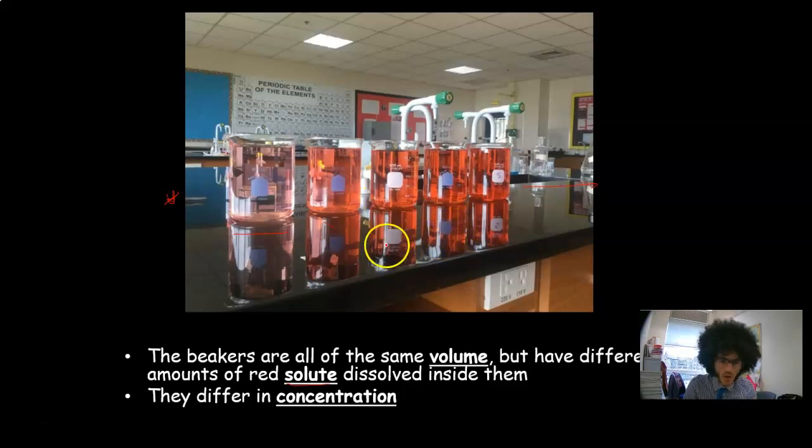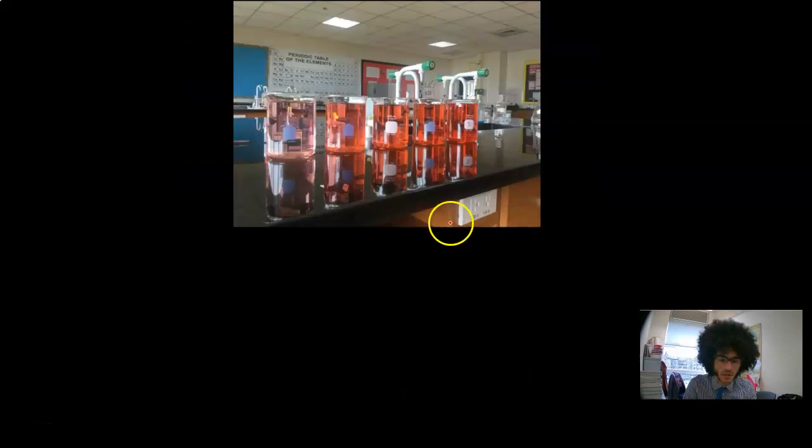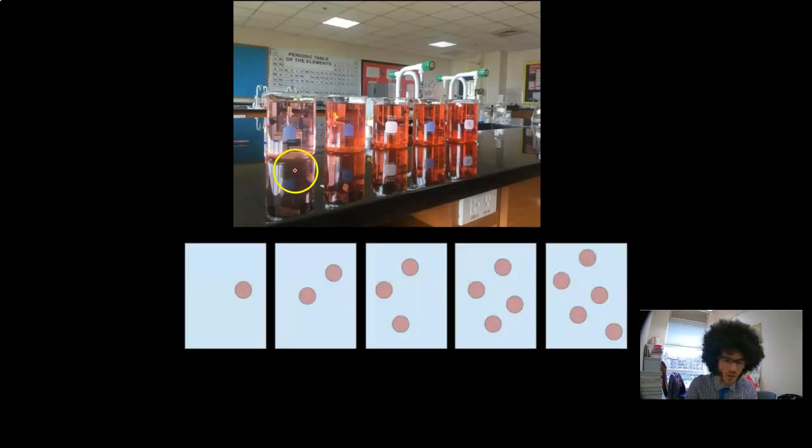Now that's one way of looking at it, but if we look at it more at a particle level, it'll look a little bit like this. This is the same picture, except I've got it slightly smaller, and we can represent these 5 beakers in this particular way. So this beaker on the left corresponds to this one, this one corresponds to this one, and so on, and the beaker on the far right corresponds to the picture on the far right.